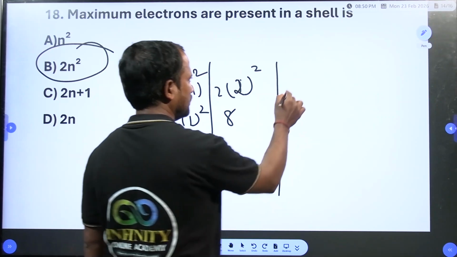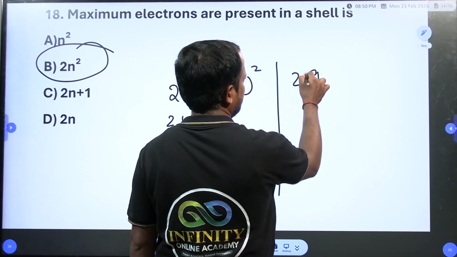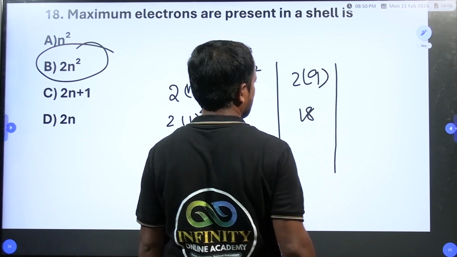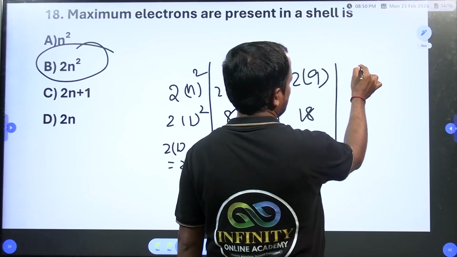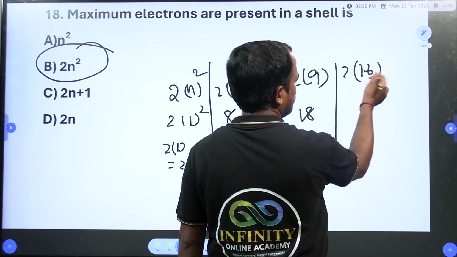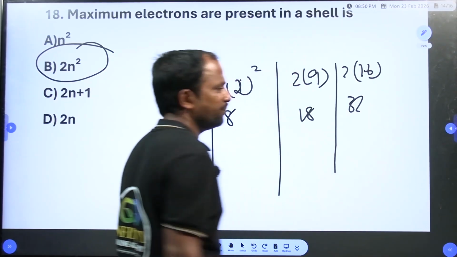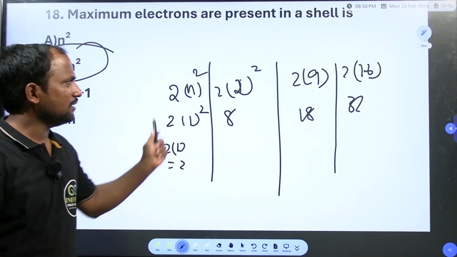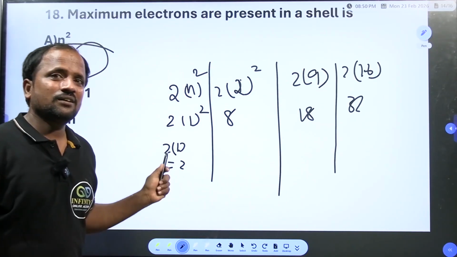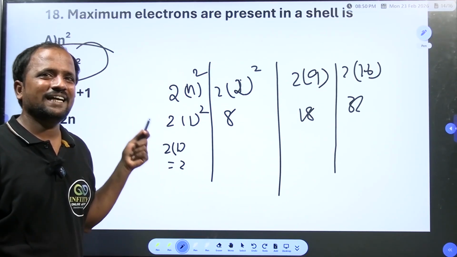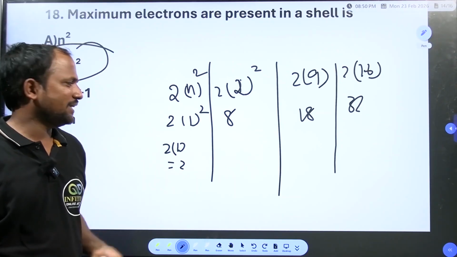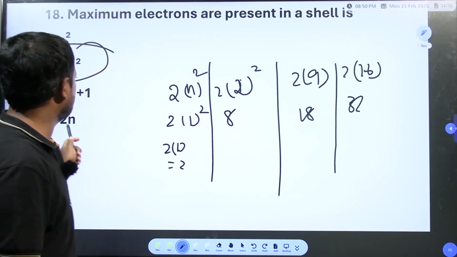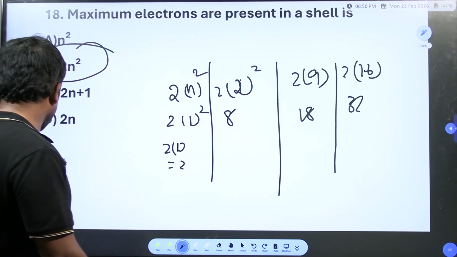Third shell: 3 squares are 9, 2 into 9 is 18. Fourth shell: 4 squares are 16, 2 into 16 is 32. So these are the maximum number of electrons in the shell. This is the 2n square formula we are going to use.